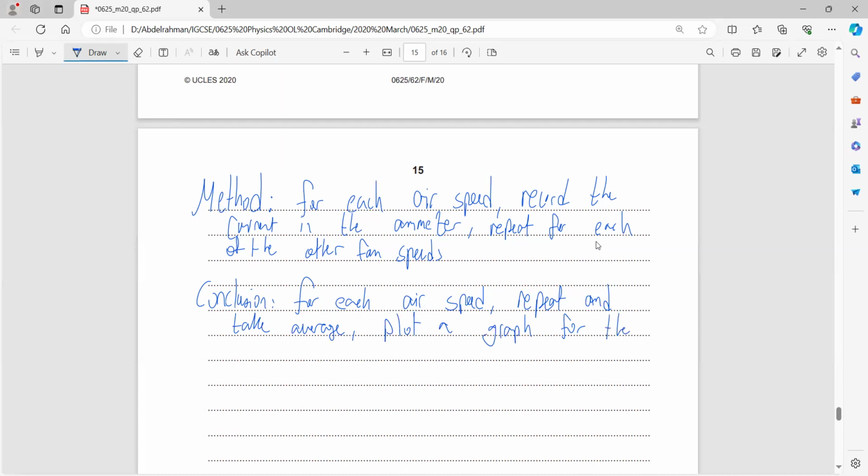The independent variable should be on the x-axis and the dependent variable on the y-axis. For example, the airspeed on the x-axis and the current on the y-axis. Repeat and take average. Plot a graph, compare the results. That's it.